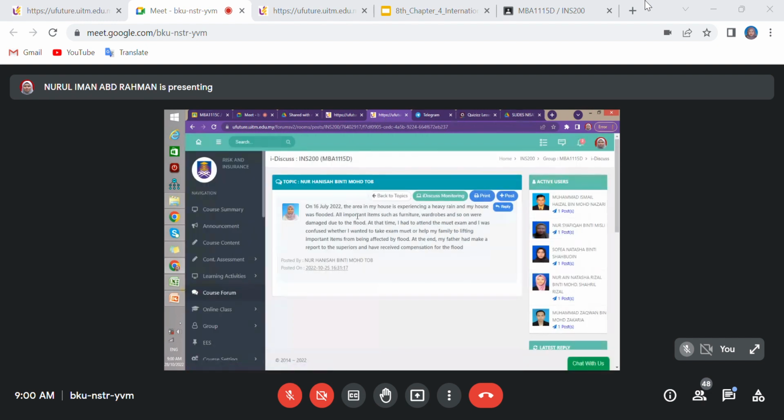On 16 July, the area in my house is experiencing heavy rain, and my house was totally flooded. All important items such as furniture, wardrobes, I had to turn wet, confusing, but still, what type of thing?